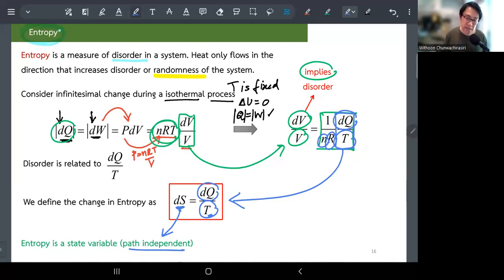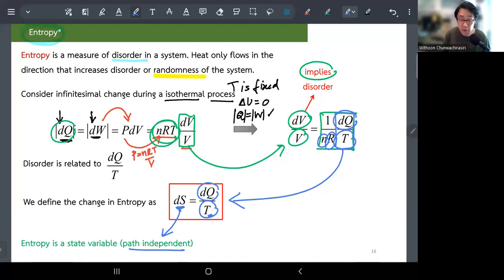It means it has the behavior just like energy. You don't care about the path connecting the initial and your final point. All you care about is what is your initial point and what is your final point. I can calculate the change in entropy for you. I don't care about how. I only care about what's the change.